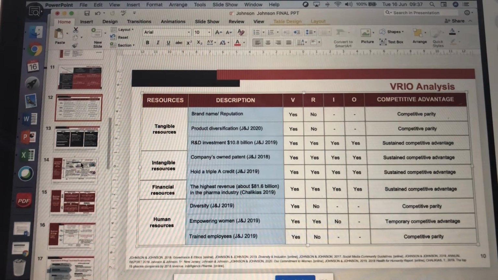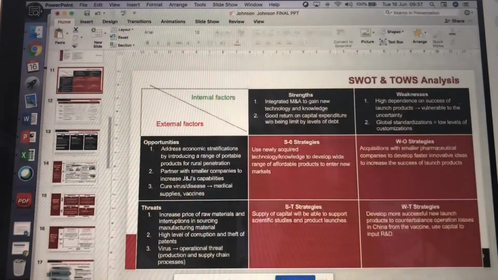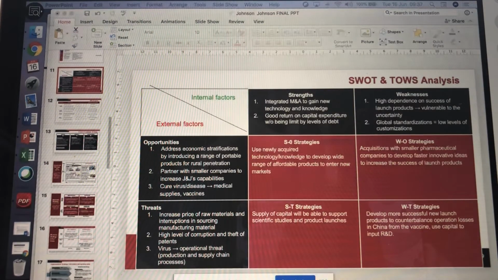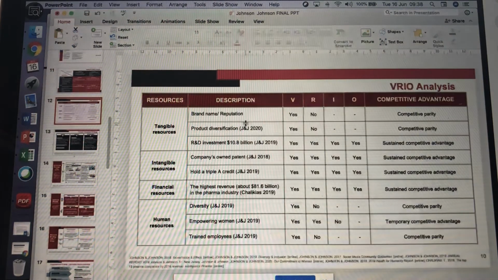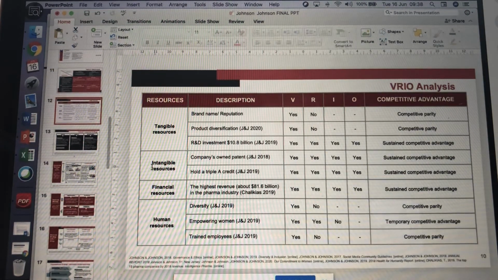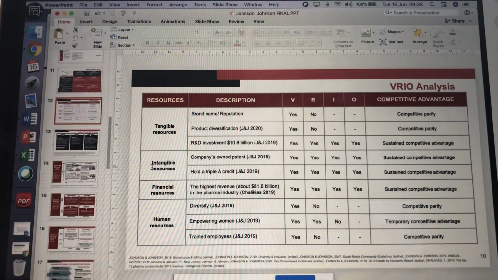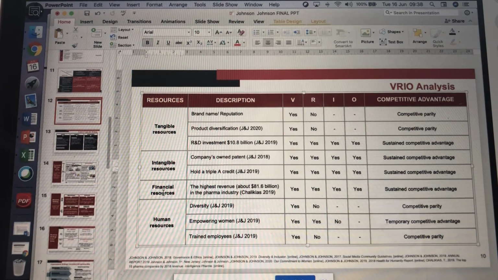So your strengths and your weaknesses should be listed here, as well as value chain processes. Your strengths and weaknesses on processes can be categorized into tangible and intangible resources, where intangible resources are actually competencies. And then you have financial resources and human resources.